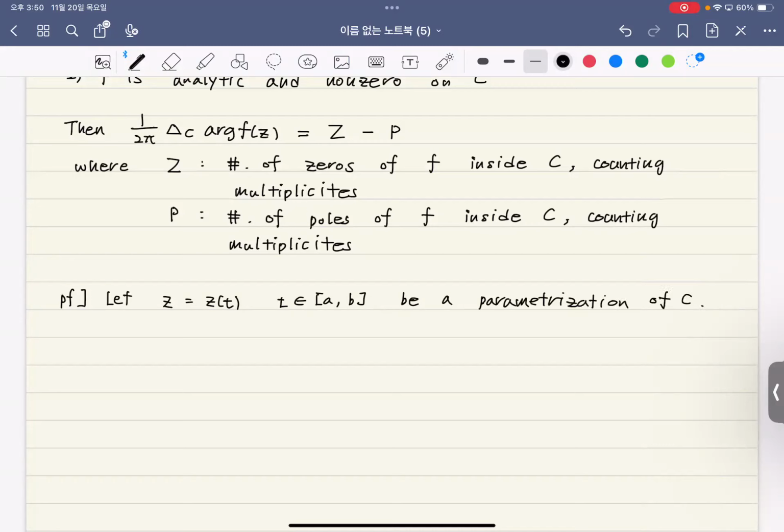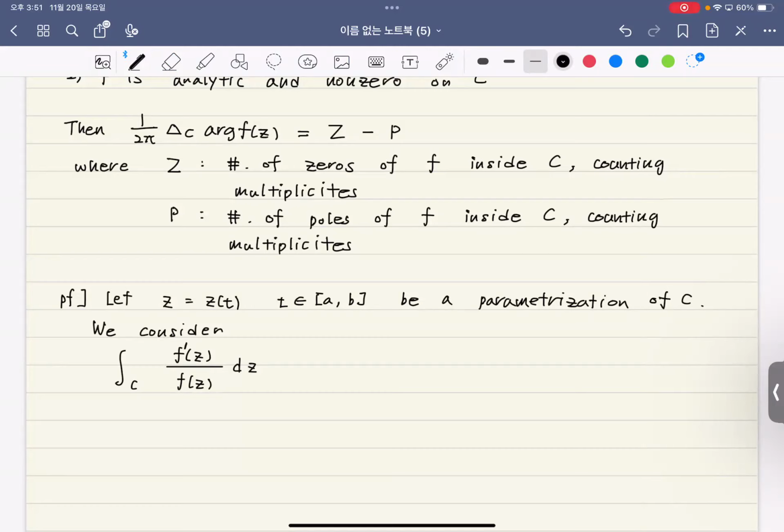Now we want to consider this: the integral of f prime of z over f of z, dz. Oh, sorry, I messed up. My bad. Prime should be on top and f of z should be in the bottom. So, does it remind you of anything?